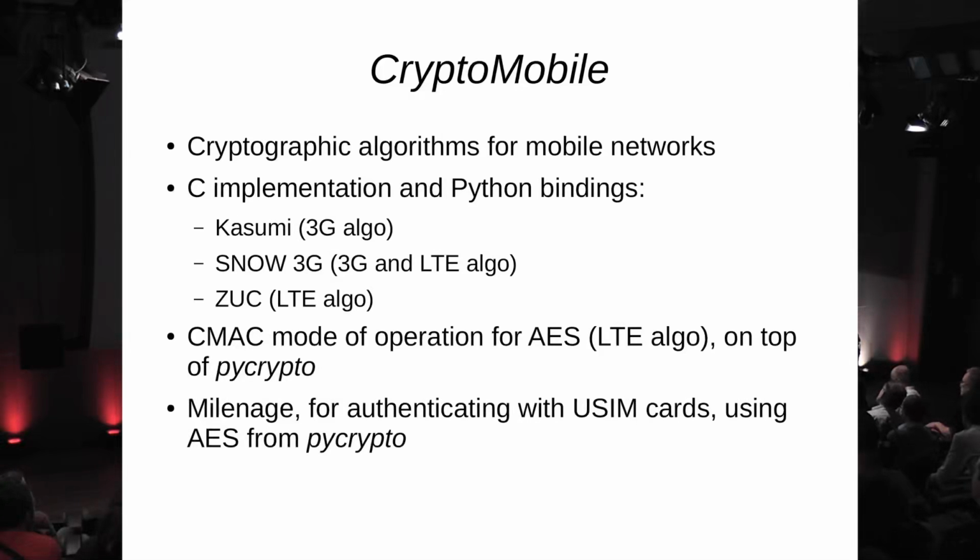There is also the CMAC mode of operation for AES, which is implemented on top of PyCrypto. There is also the Milenage algorithm, the authentication algorithm which is used between the HLR or HSS in the mobile network operator and your SIM or USIM card within your phone.